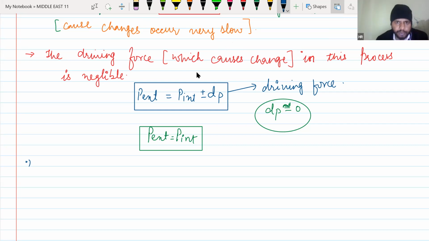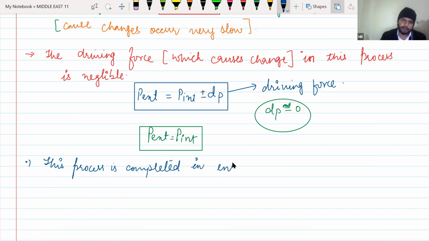This reversible process is completed in infinite steps, so I'm going to write this. This process is completed in infinite steps. Therefore, it is not a real concept.